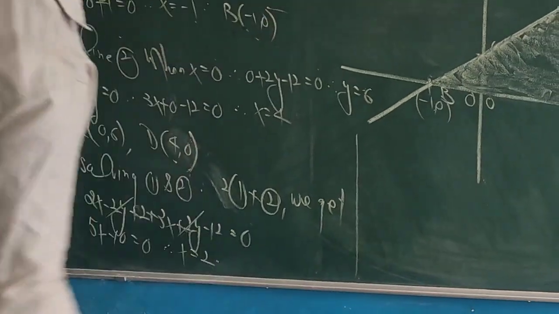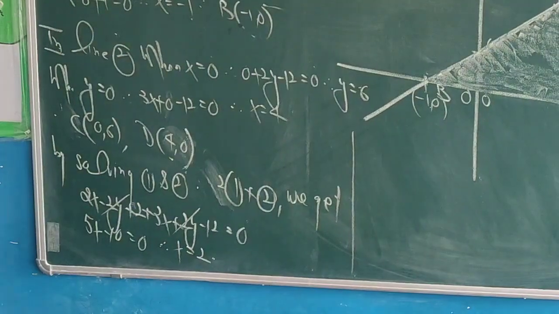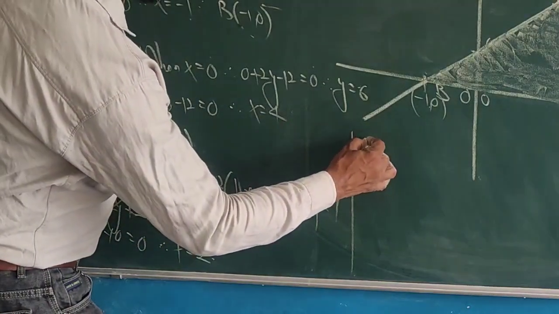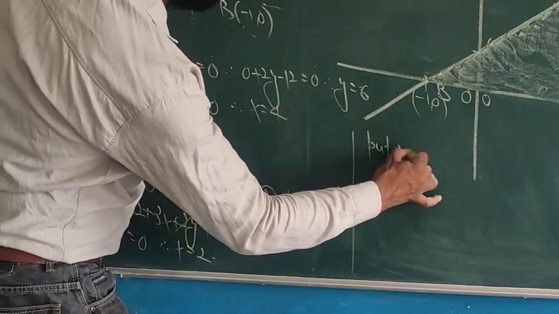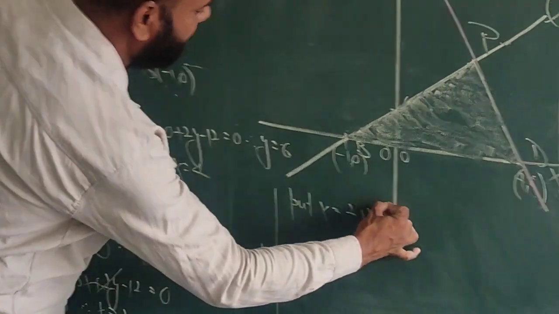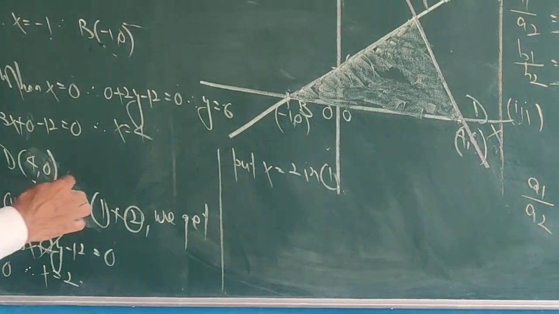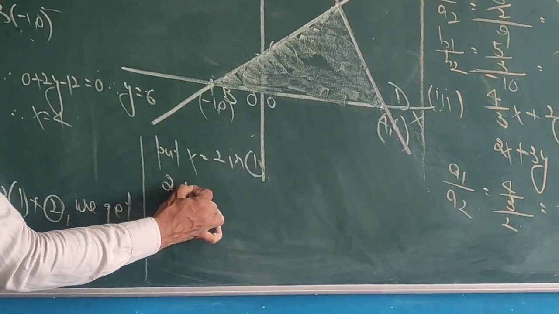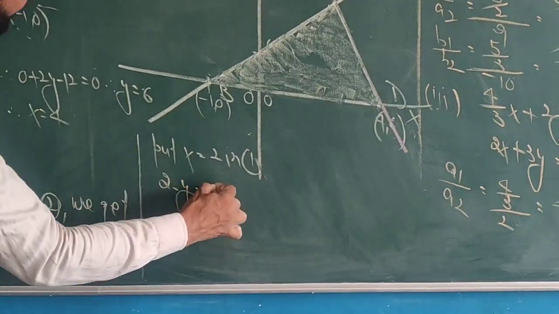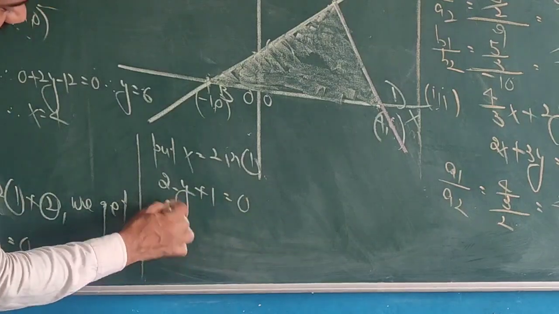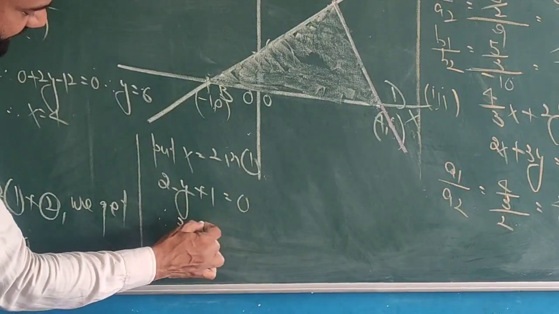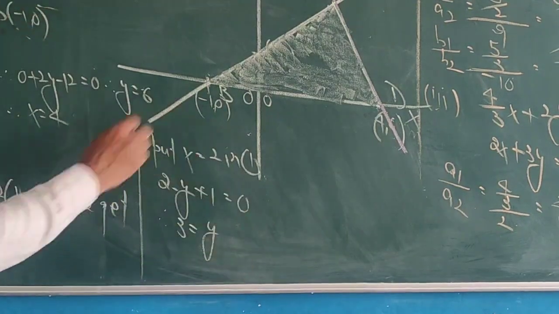Now put x equal to 2 in any one of these two equations. So put x equal to 2 in equation number 1. Then we obtain 2 minus y plus 1 equal to 0. Therefore 3 minus y equal to 0, so y equal to 3.